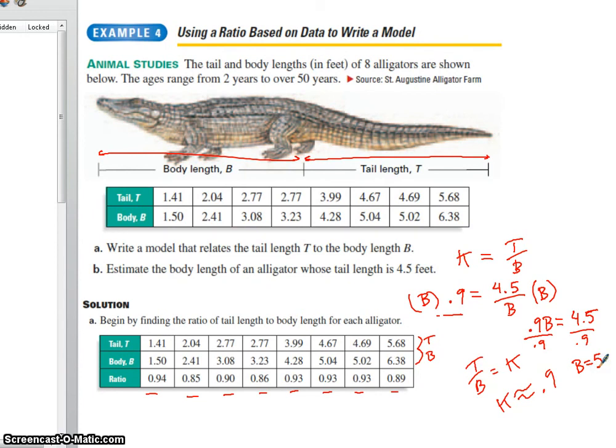So the body length would be about 5 in this example.